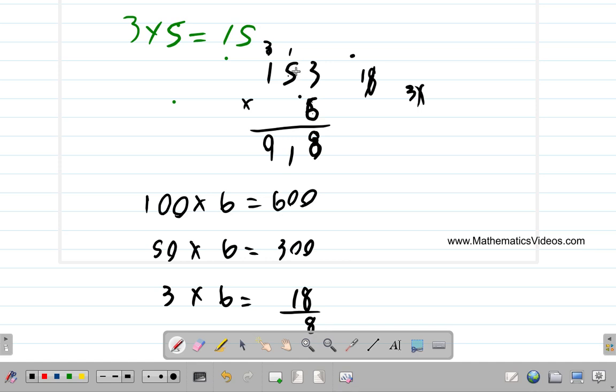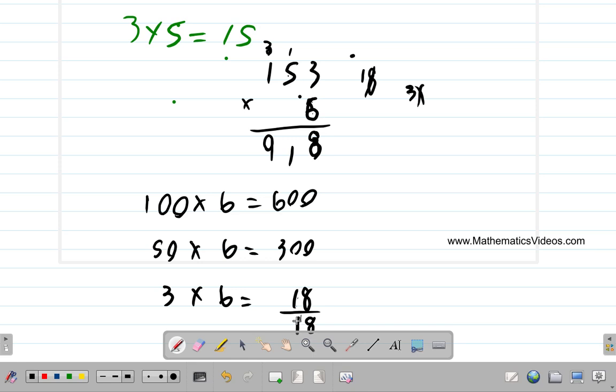This 3 here is 3, plus when you carry 1 down here, this is 1. So it's really 10. So this 1 that you carry down here really says 1 plus 0 plus 0. That gives you 1.